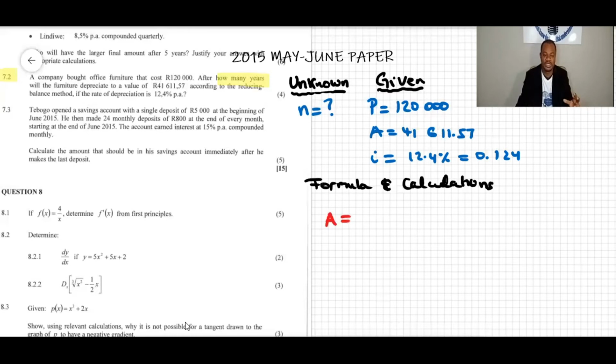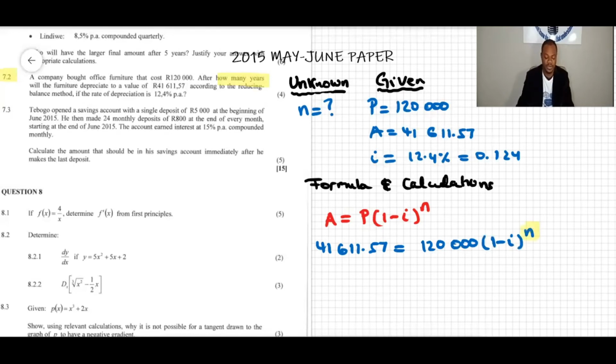Because we're talking about depreciation, the formula is A equals P times (1 minus i) to the power of n. So A, the amount, which is 41,611.57, equals the principal 120,000 times (1 minus i) to the power of n. The unknown I'm looking for is an exponent.